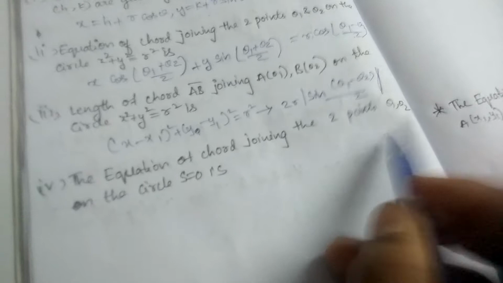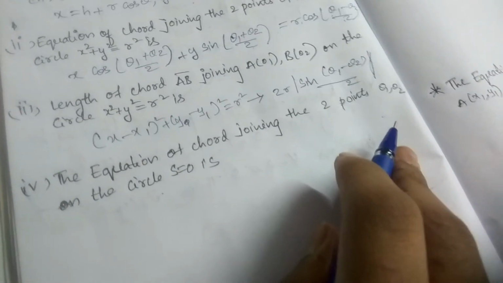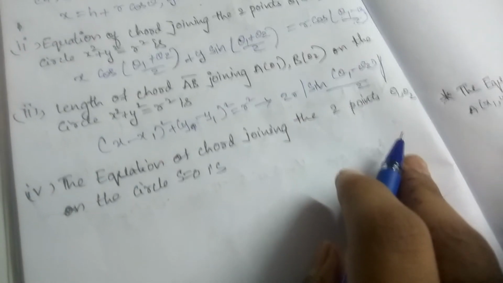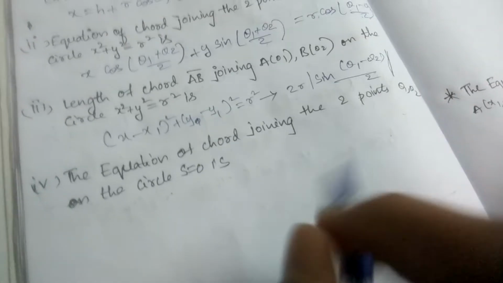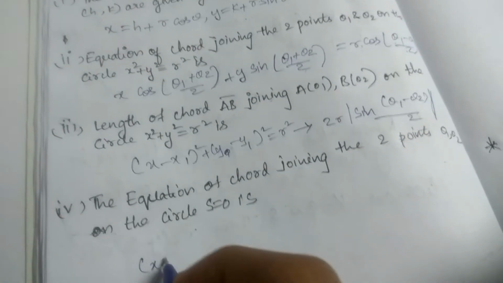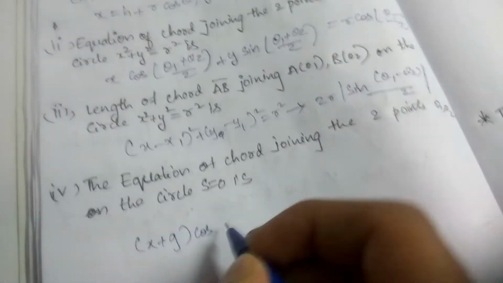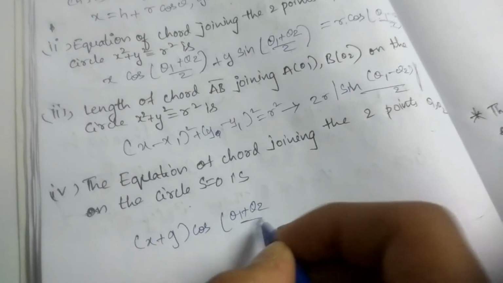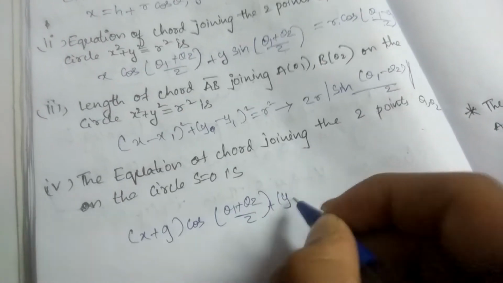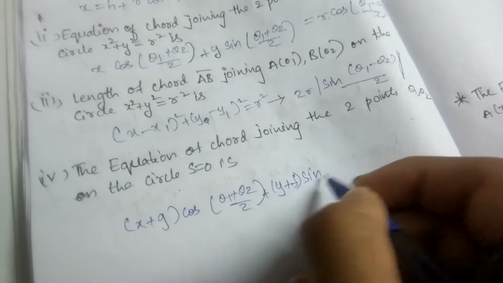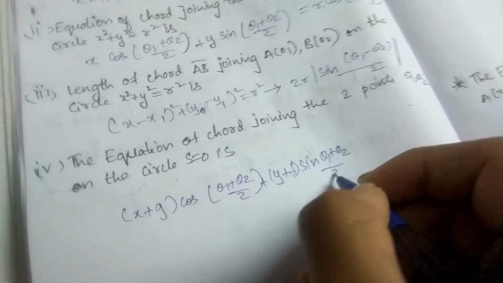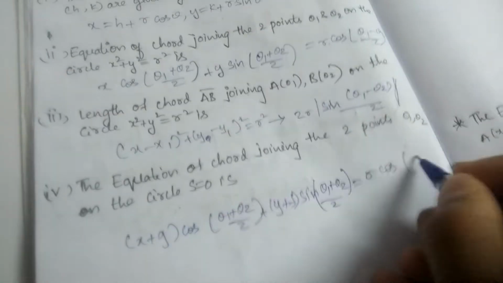And coming to the fourth point, the equation of the chord joining the 2 points theta 1 and theta 2 on the circle S equal to 0 is (x + g) cos((theta 1 + theta 2)/2) + (y + f) sin((theta 1 + theta 2)/2) = r cos((theta 1 - theta 2)/2).